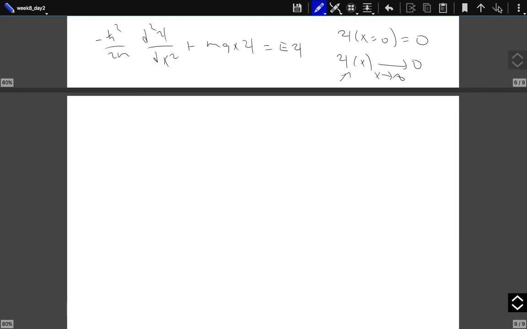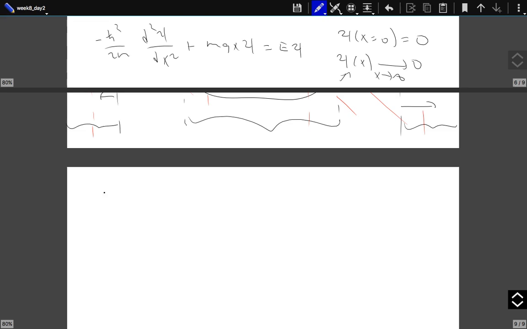Now let's proceed. This is the equation that we would like to solve.